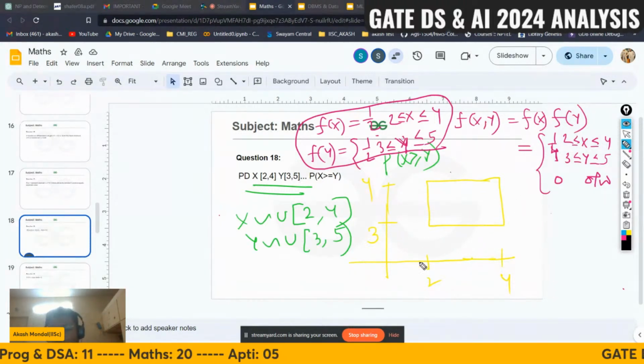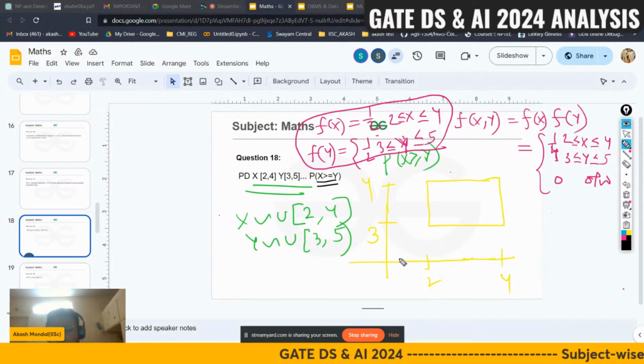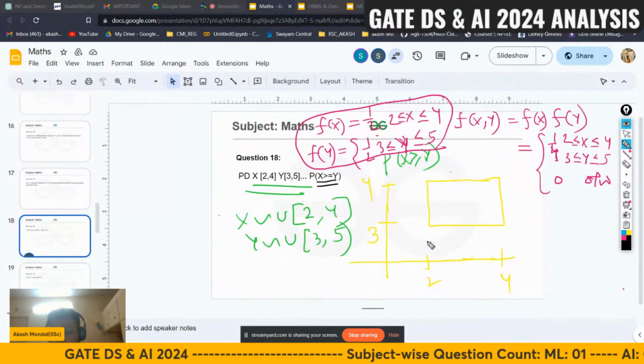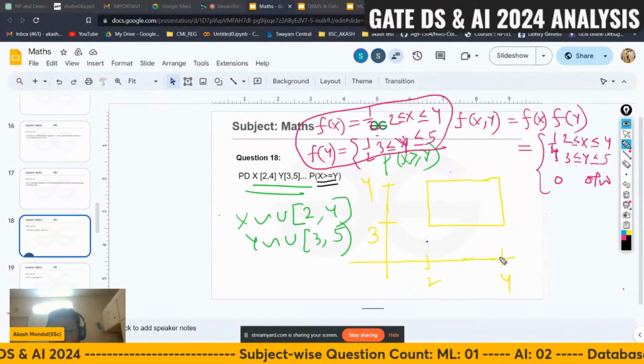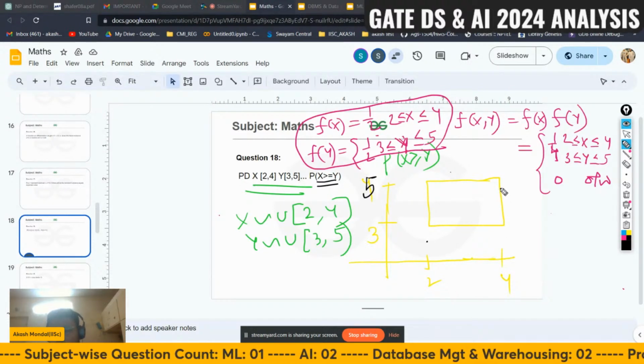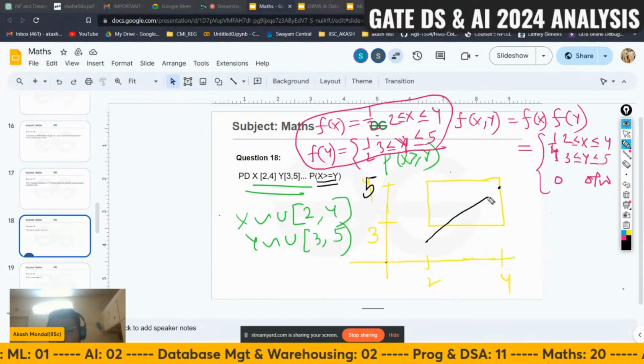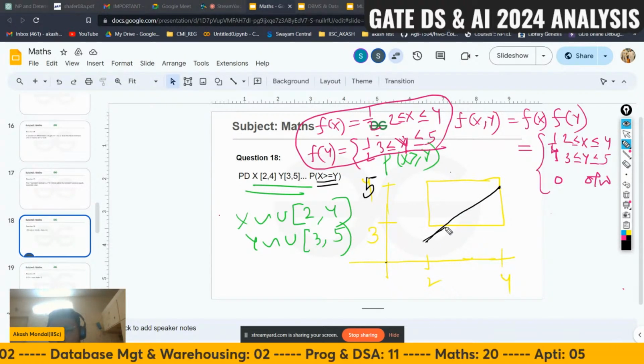So let's draw this line, x is greater than or equal to y. Let's draw the y equals x line. It is somewhere here maybe. This is 5, and this point is 4. So this one is the region.